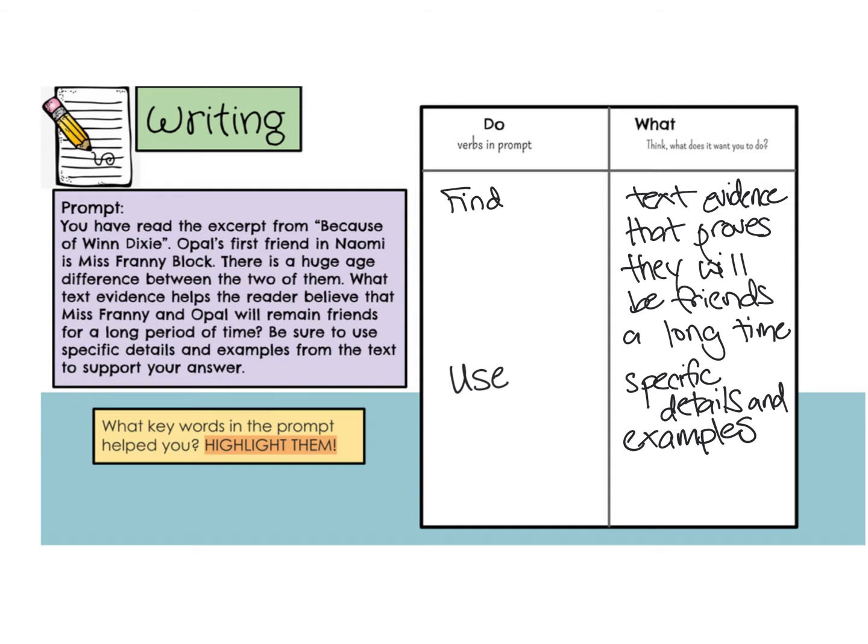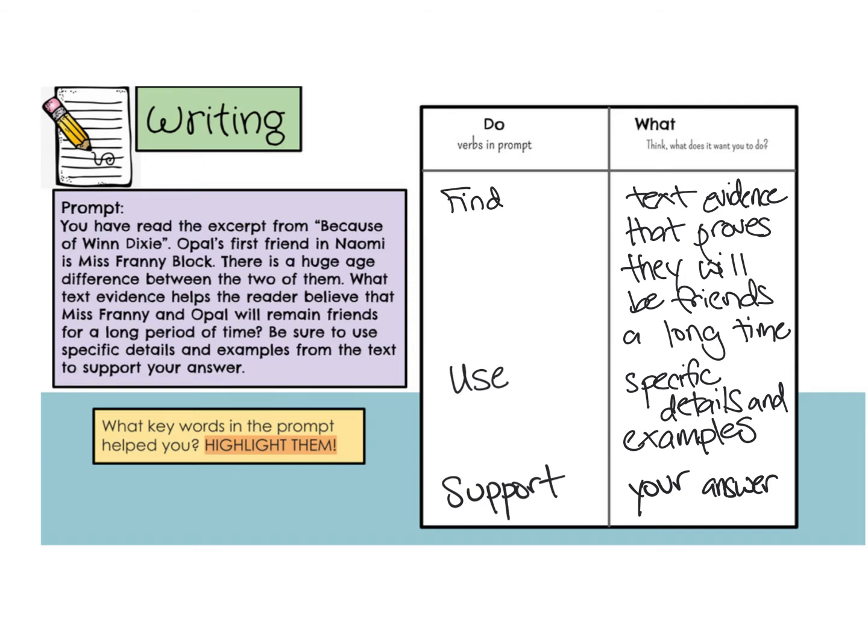It also says I need to support my answer. Well, support is a verb asking me to do something. So in my prompt, I have to find text evidence that proves they will be friends a long time. I have to use specific details and examples, and I have to be able to support my answer.